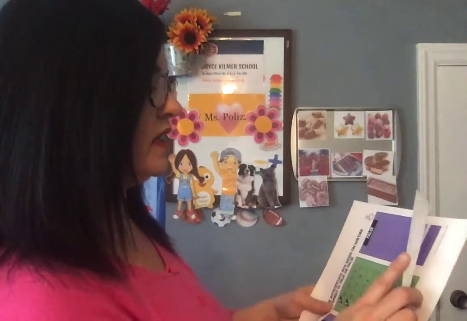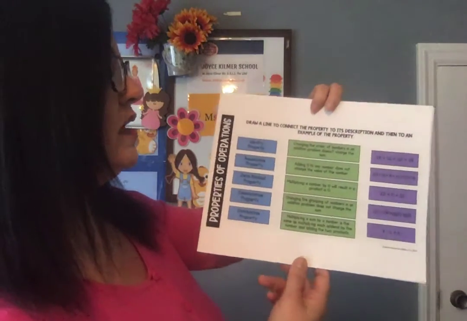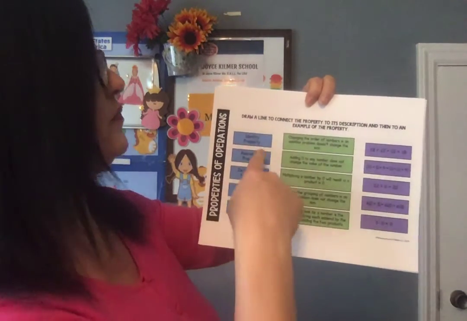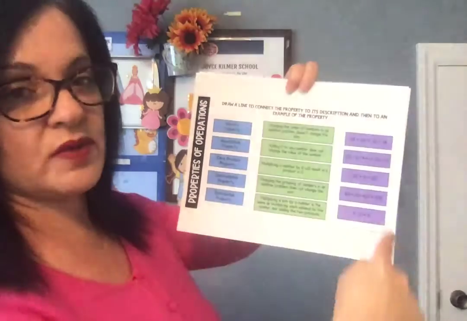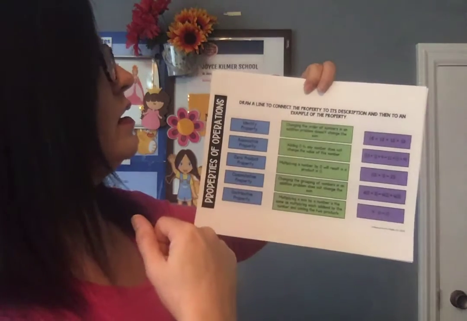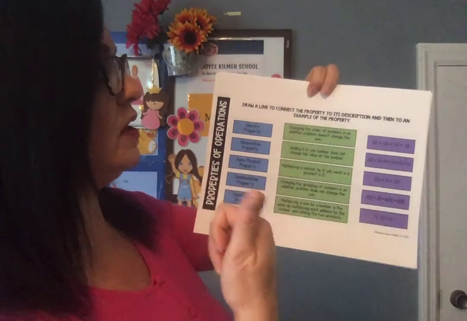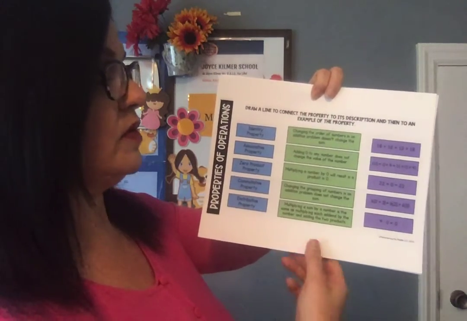Page number 3, what you will have to do is look at the properties, the description of the properties, and then the examples of the properties, and draw lines to match the property with its description and with its example. Okay, so you'll just draw lines.